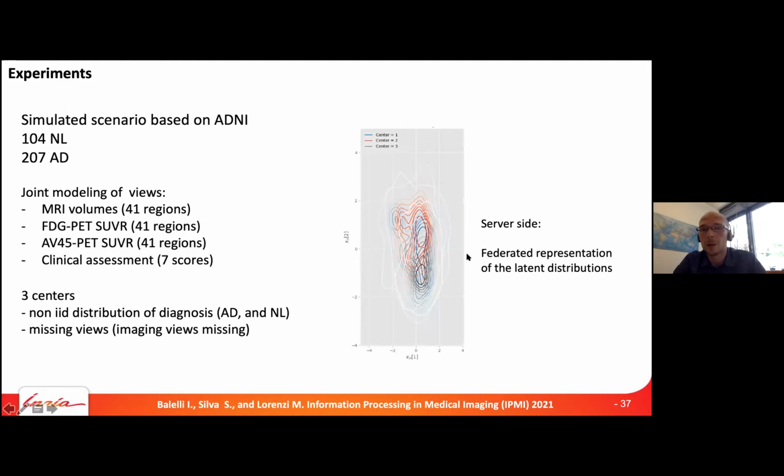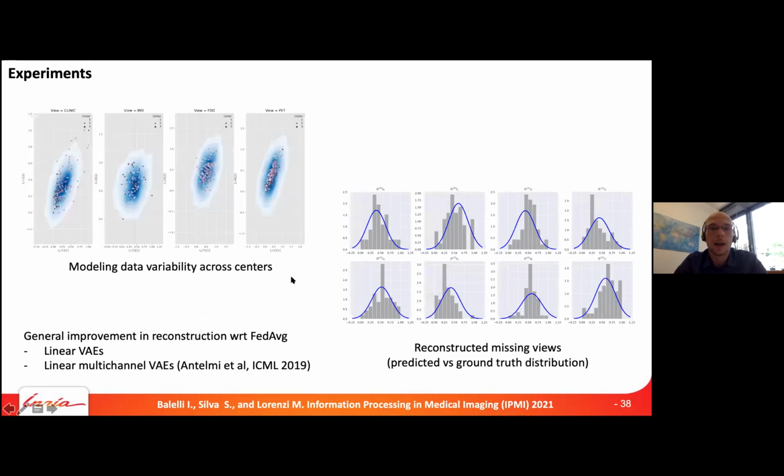This is a latent representation on the server side, showing how the latent space is distributed across the different clients. So we can model these variations between clients with this framework. And here we see in the reconstruction how we can reconstruct the data points for the different centers.